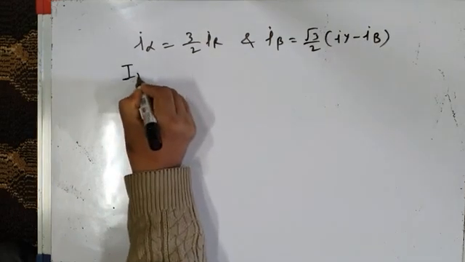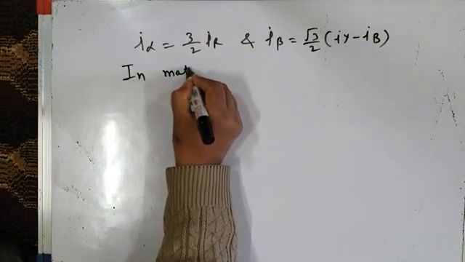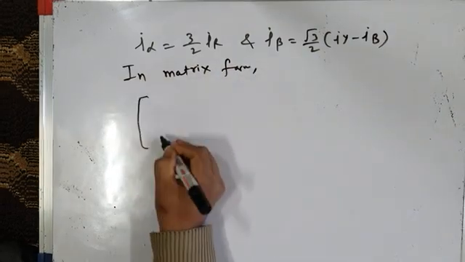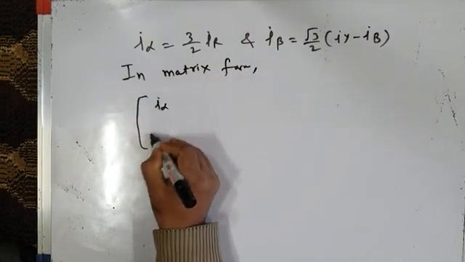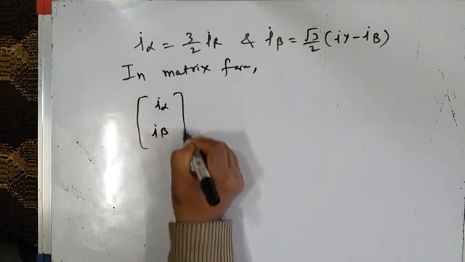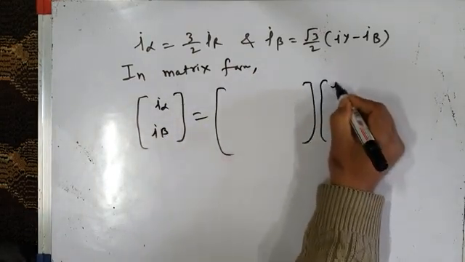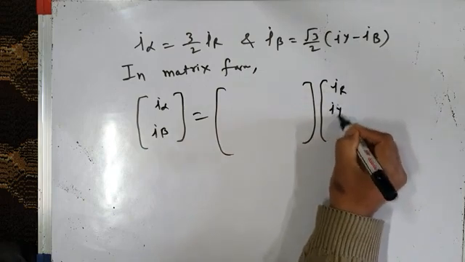So if I put these equations in matrix form, it's like this. I alpha, I beta is equal to a matrix times IR, Iy and Ib.